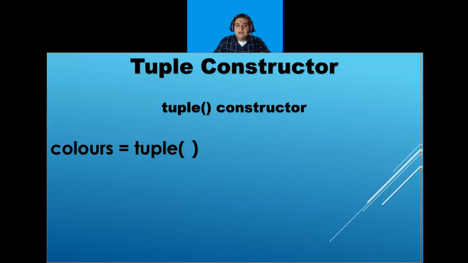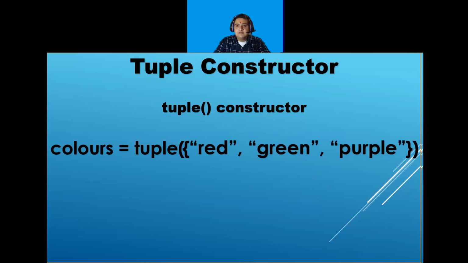Inside these round brackets, either I can write my set or I can give my list. Whatever is inside the round brackets of the tuple constructor will be converted into a tuple. So if I print colors, it will convert my list into a tuple.